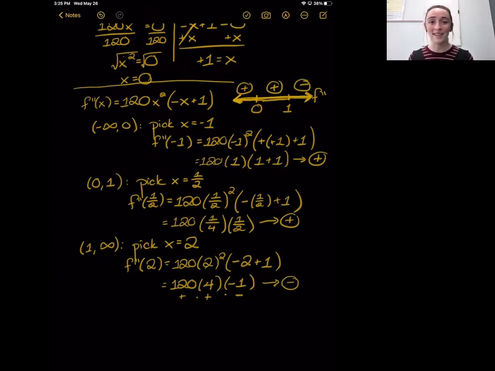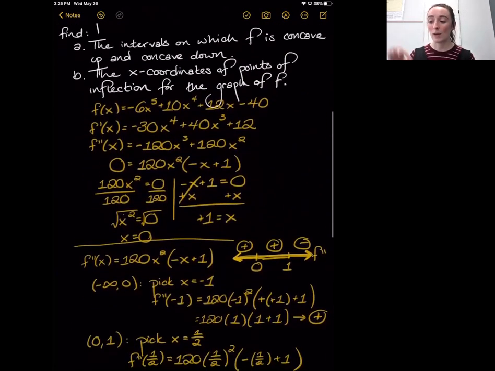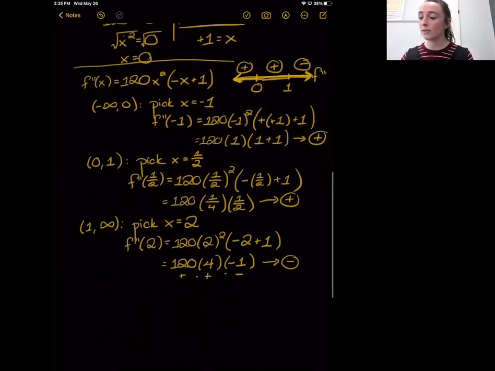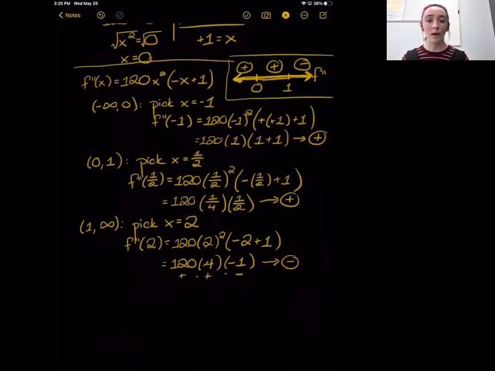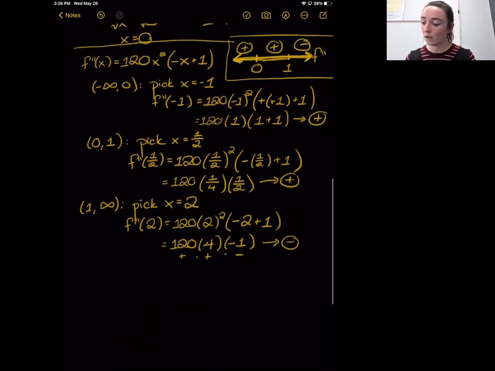Now we are finally ready to respond to those 2 original questions. First of all, A, we want to find the intervals on which f is concave up and on which it is concave down. So I'm going to use this number line here. We know from the Explore that if the second derivative is positive, then the original function will be concave up.